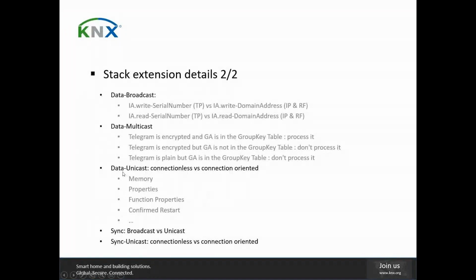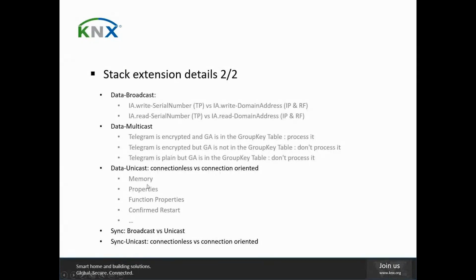Then the data unicast subcategory again needs to be divided into another subcategory, if you want, because here we need to distinguish the connectionless from the connection-oriented telegrams, because they serve a specific context and therefore need to be distinguished.